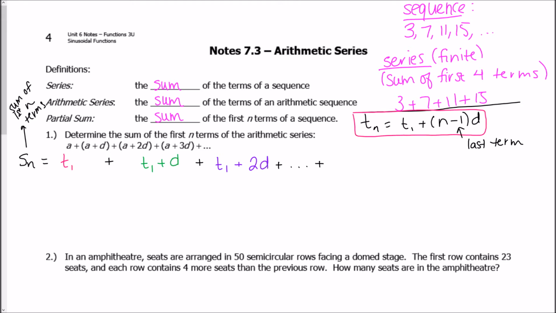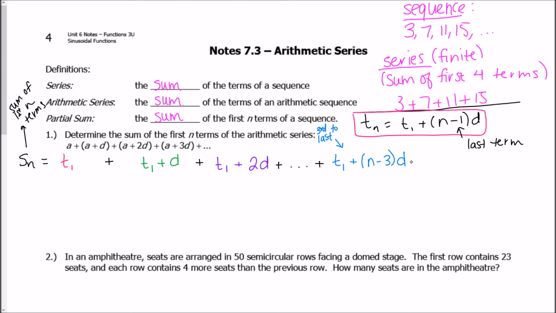I know this is a little bit confusing, so just bear with me. This right here is going to be t sub 1 plus n minus 3 times d. Here we added d 0 times, here we're adding d 1 time, here we're adding d 2 times. This term is the third to last term, so we would add d n minus 3 times.